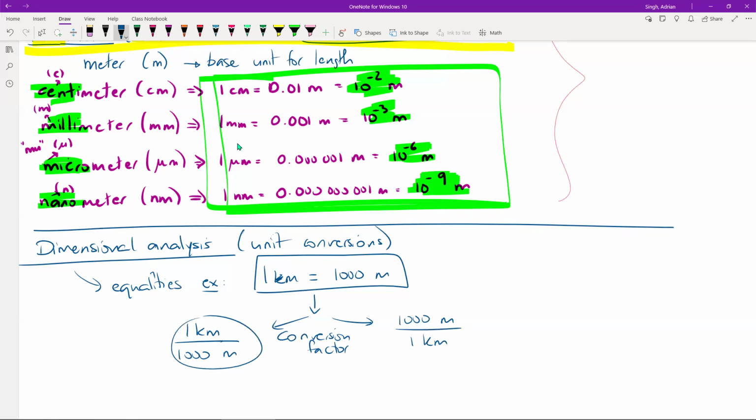And these are what are going to be useful for us as we convert from one unit to another, whether it is within the metric system, like these prefixes, or going from one system to another system, it doesn't matter. You can use the same technique of dimensional analysis to convert any unit to any other unit, as long as you have your equality.